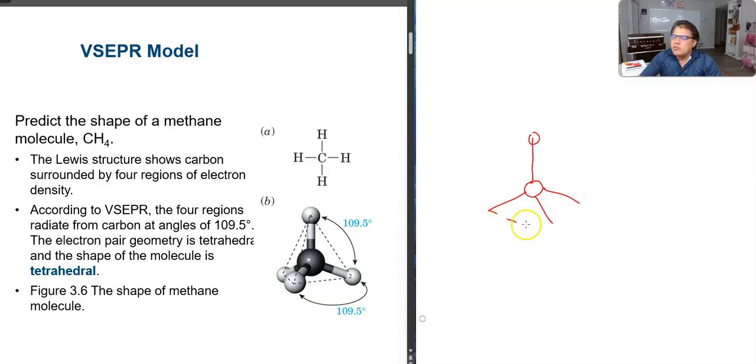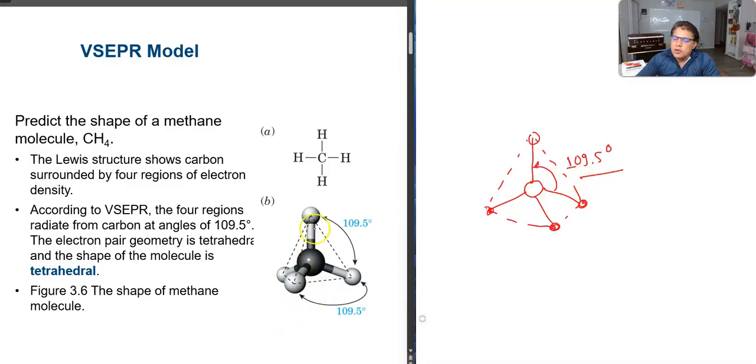This is the tetrahedron. When they remain at the corners of this tetrahedron, that is the stable condition. So what is this angle? That angle is 109.5 degrees.